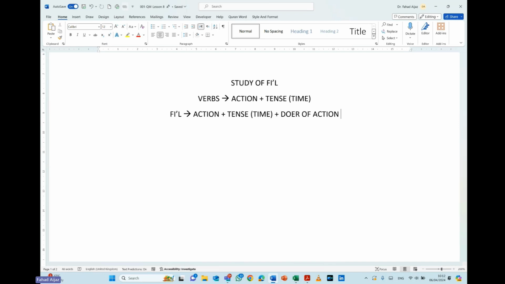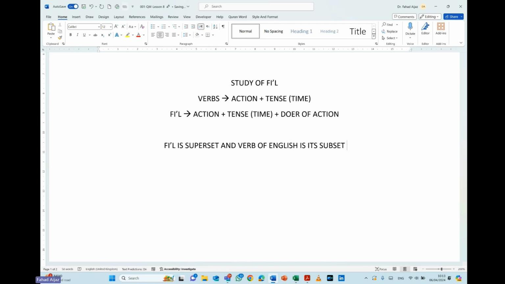So the fi'l of Arabic has tense, action, and the doer of the action. Always remember the fi'l of Arabic is a superset, and the verb of English is its subset.